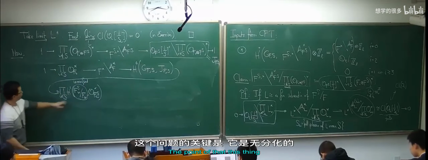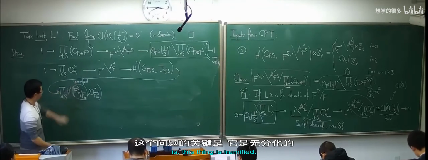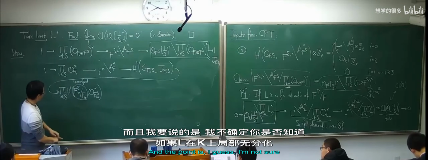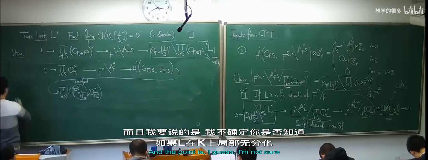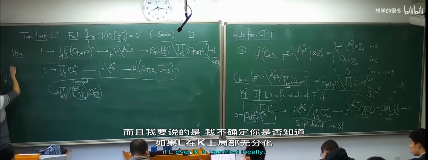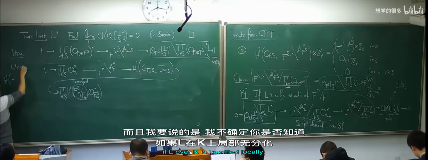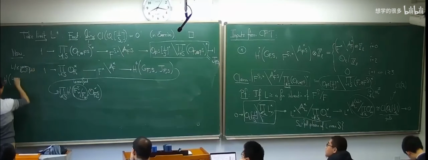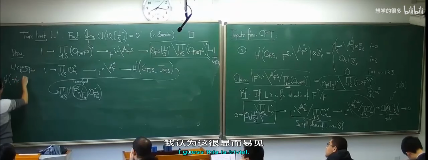Okay? The point is that this thing is unramified. And the point is, I'm not sure if you know this: if L over K is an unramified extension of local fields, then this is trivial.